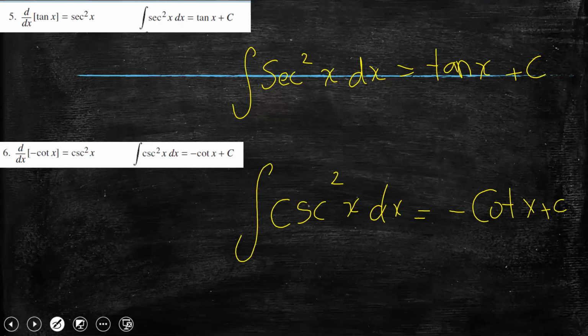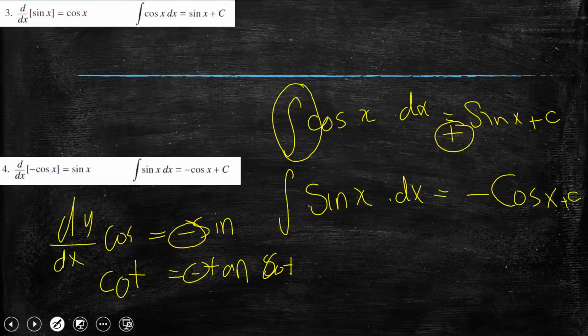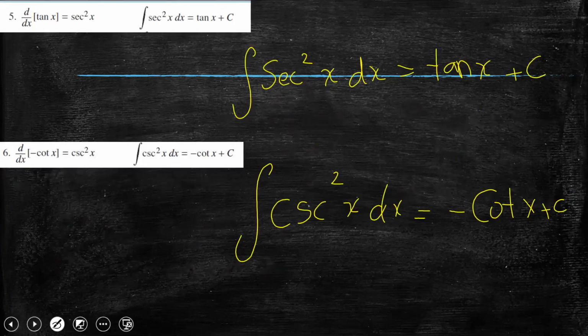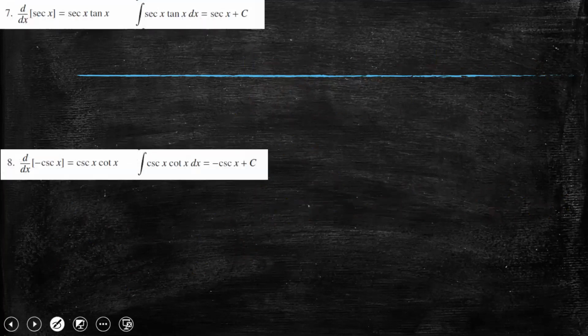As I told you, you can write the table for the differentiation and write its opposite in the integration. So the derivative of cosine is sine, of sine is negative cosine, of secant square is tan, of cosecant square is negative cotan.